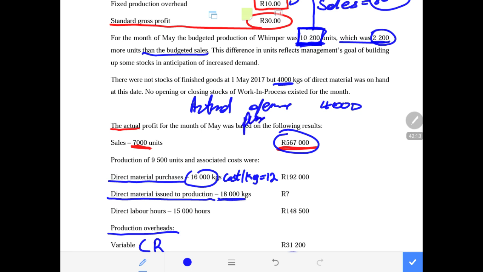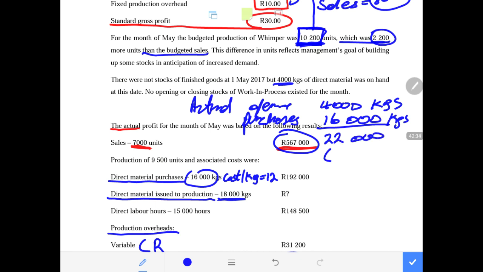We made some purchases, and our purchases amounted to, and remember, all of these are kgs. Therefore now, inventory available for use will be 22,000. And we issued 18,000. This is what was bought. We issued 18,000.